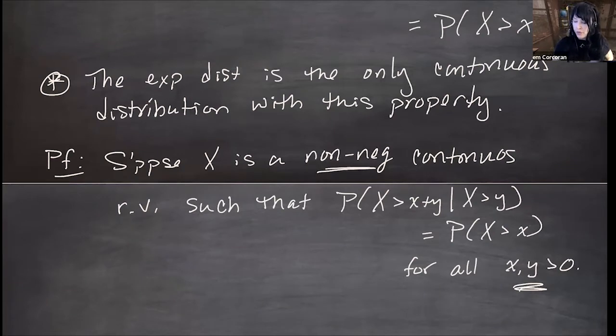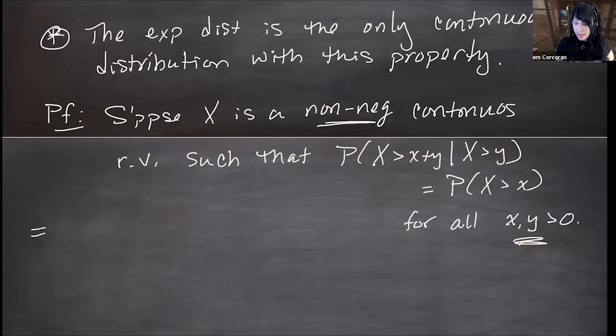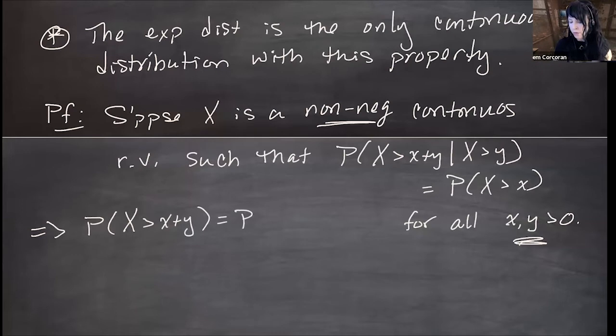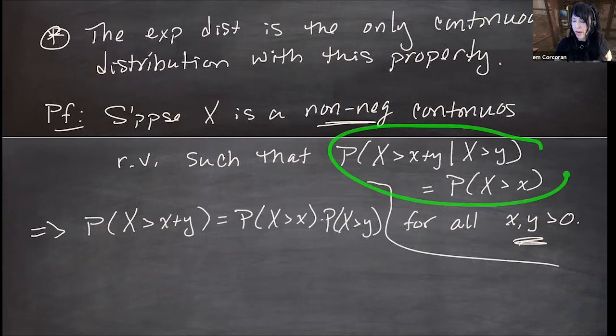So if you write this out as the ratio it is, and then cancel that one redundant thing out in the numerator, and then multiply the denominator to the other side, this implies that the probability that X is greater than x plus y is equal to the probability that X is greater than x times the probability that X is greater than y. So that is me just rewriting this and moving things around and also taking out that redundant piece of information.